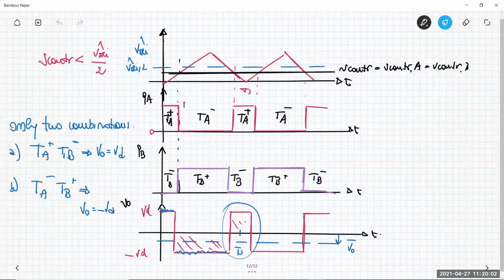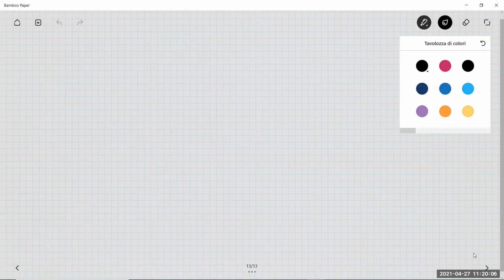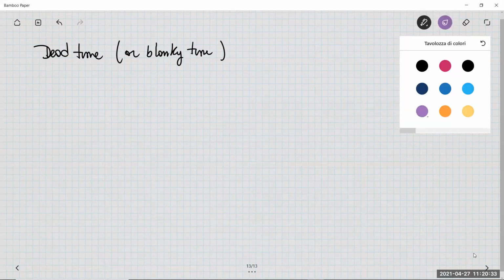Let's, to conclude this discussion, see what happens in terms of the blanking time or dead time. Remember, we need to avoid the simultaneous conduction of the switches in the same leg, because we don't want to short circuit the supply.